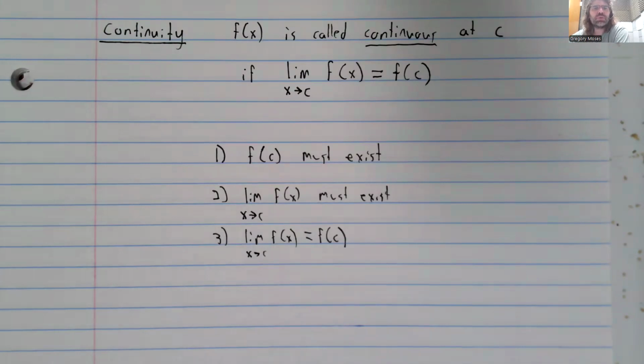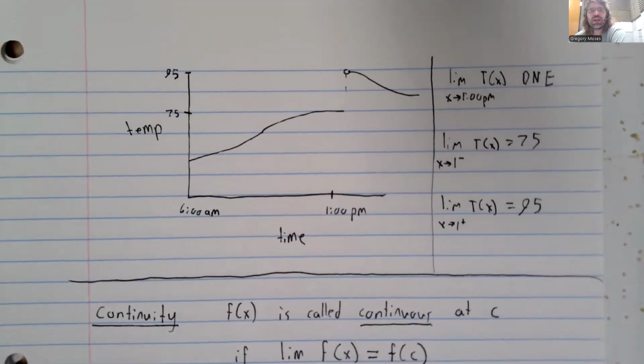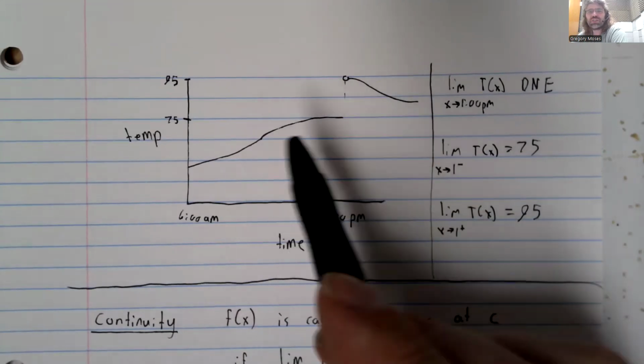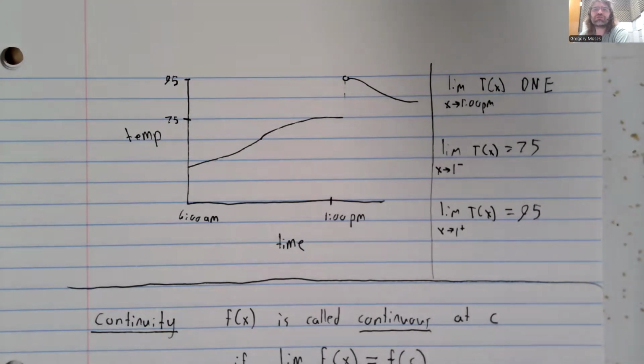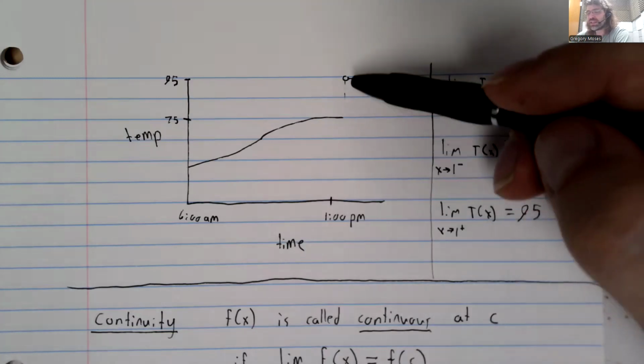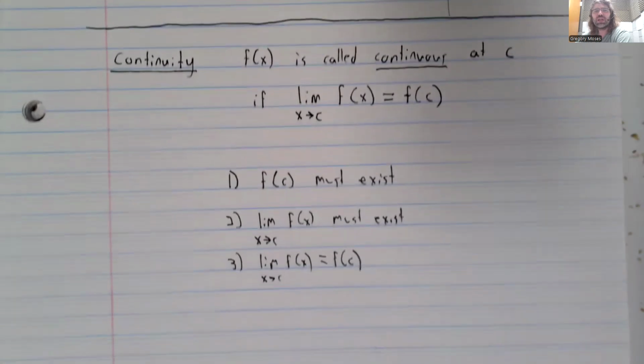So continuity is really kind of the default. Thinking about temperature, or if instead we were graphing the height of a growing child or the height of a tree, you also wouldn't expect to see jumps like this.